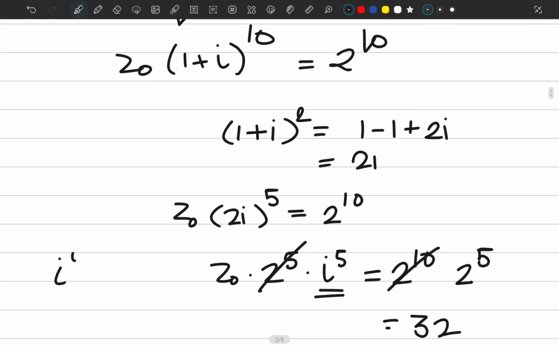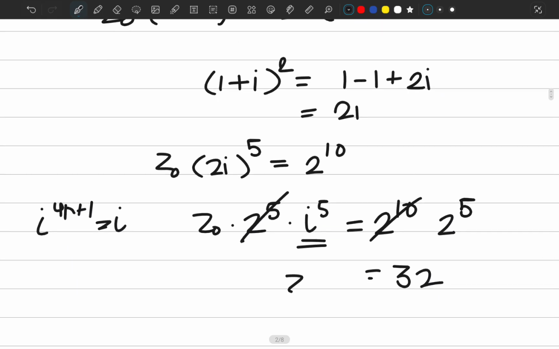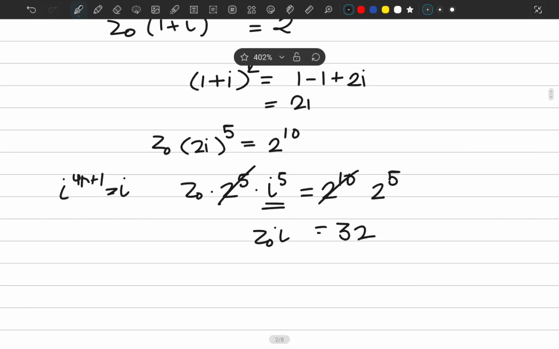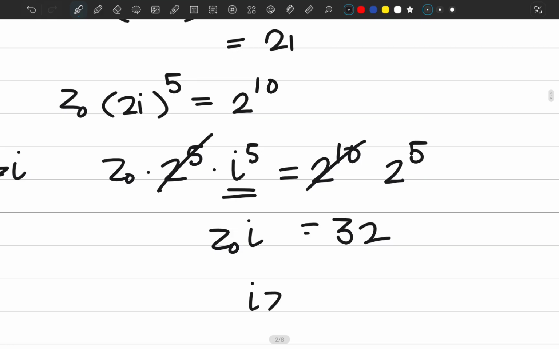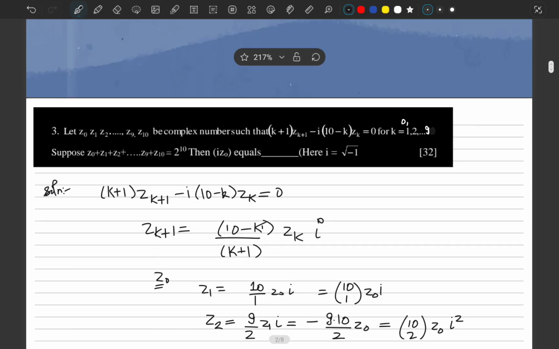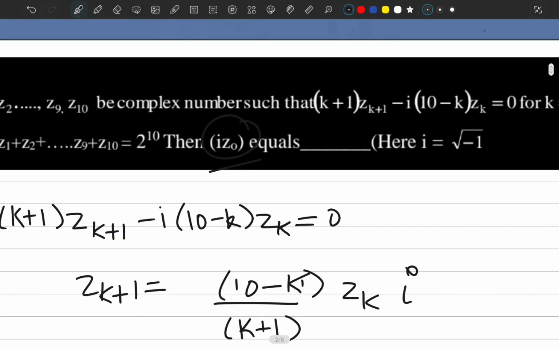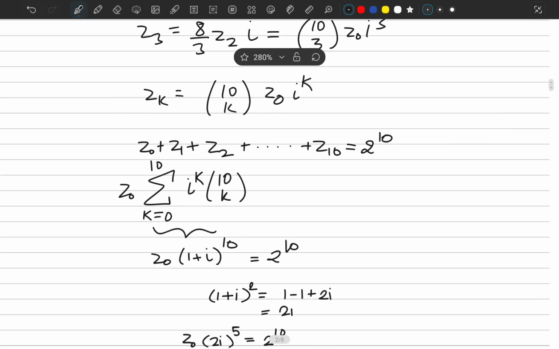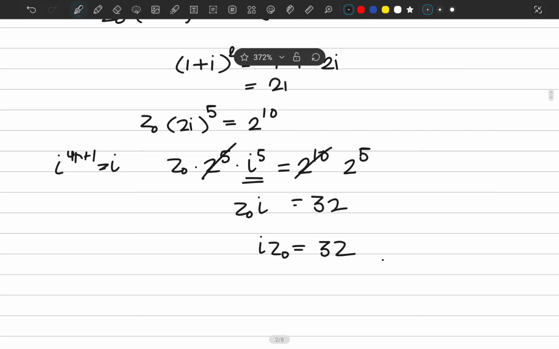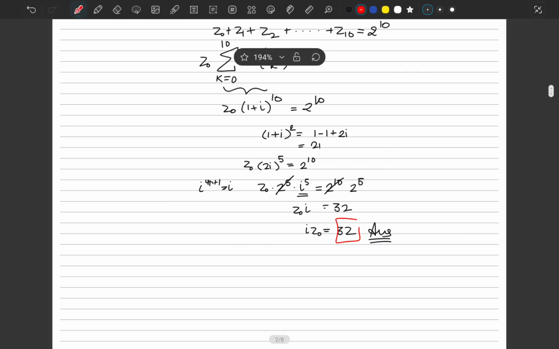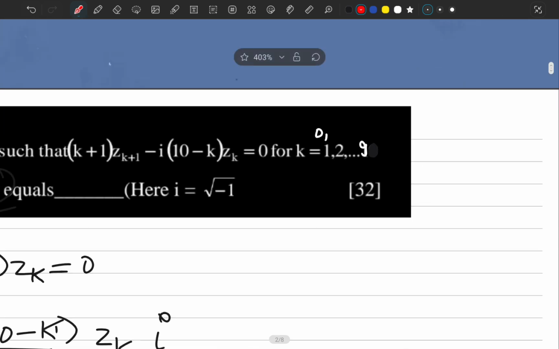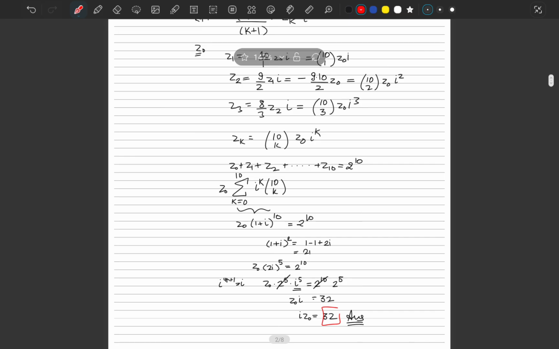Iota to the power 5, so i to the power 4n plus 1 is equal to i, so this will be iota z0, right? So the value of iota z0 is equal to 32, and in this problem we were asked the value of iota z0. So 32 will be our answer to this problem, and see, it matches our answer also, right?